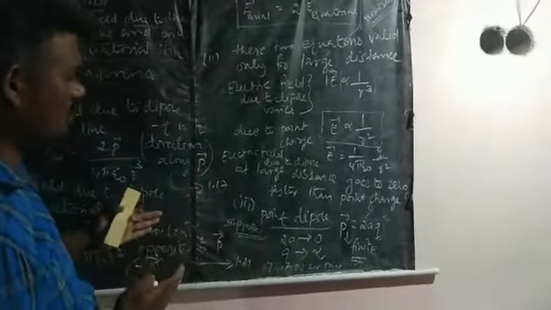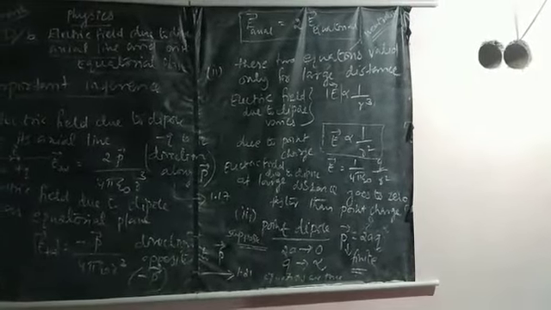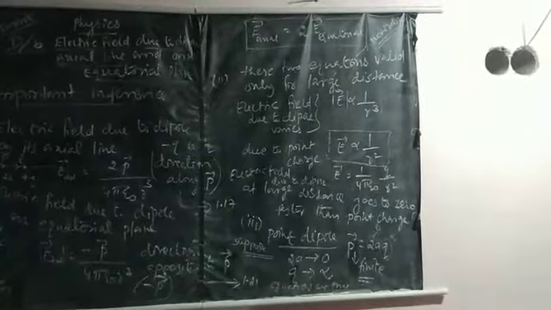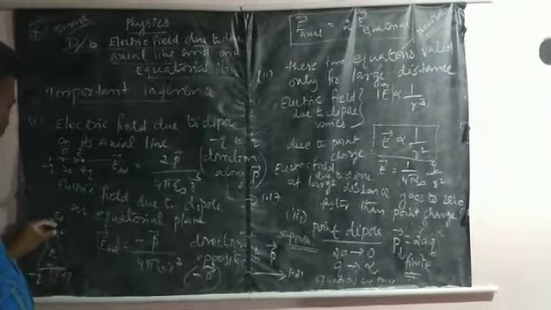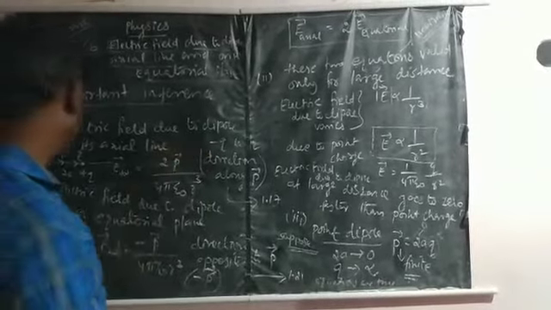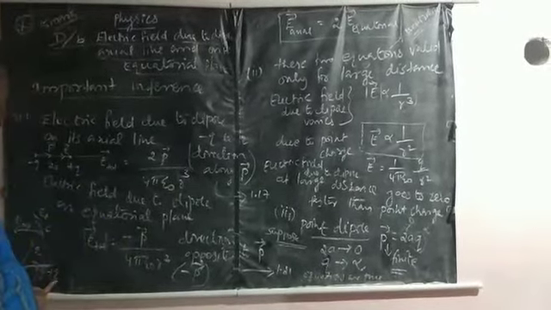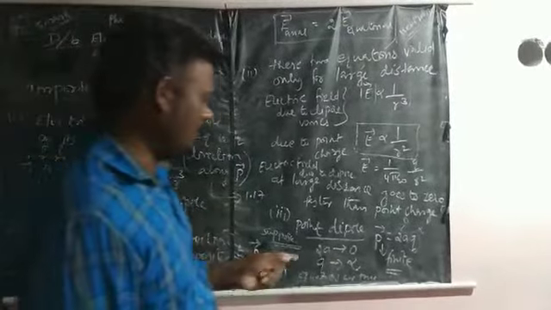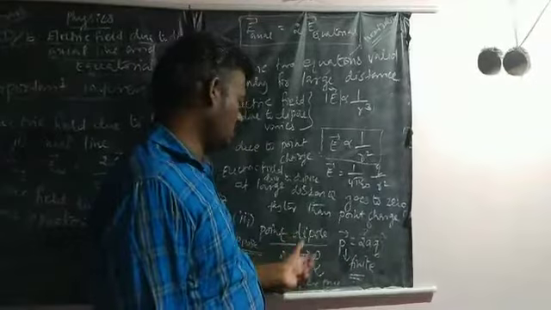When will it be 0? When the point C is very large compared to the distance of separation, from the center of the dipole to the positive charge. If point C is taken very very far, the distance of separation between the two charges is nearly equal to 0. The value appears to be 0, so 2A equals 0.